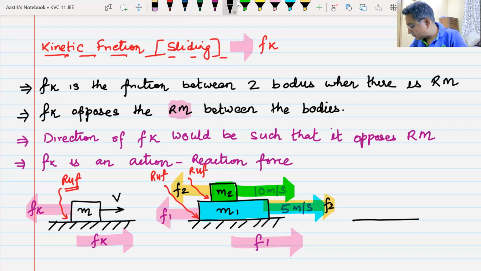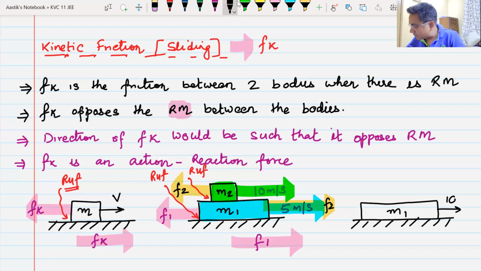Okay then, I'll give one more. This is block M1. All the velocities are given with respect to ground. It's moving with respect to ground. This M2 is moving with a velocity of 5 meters per second with respect to ground.